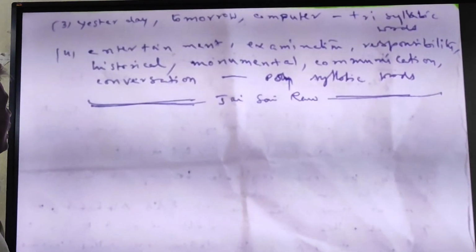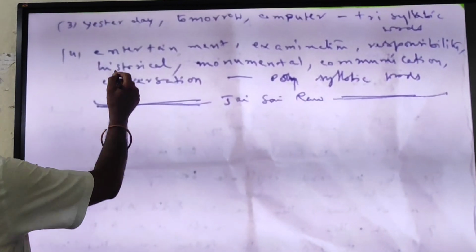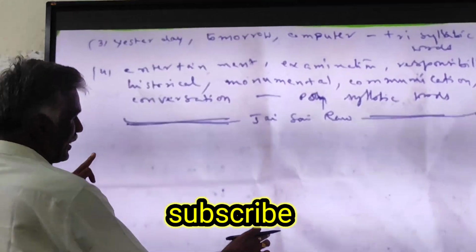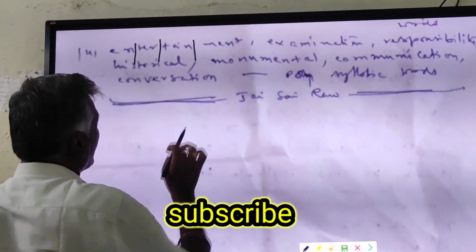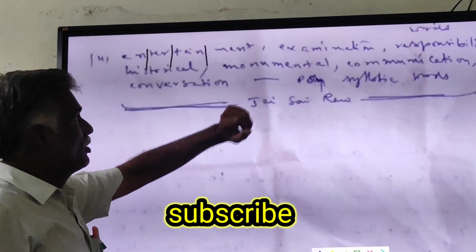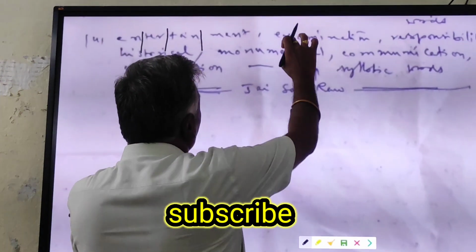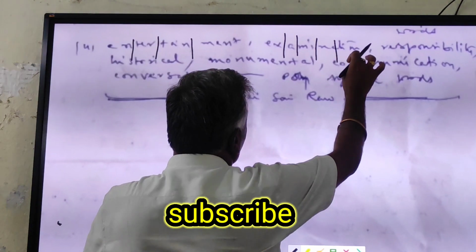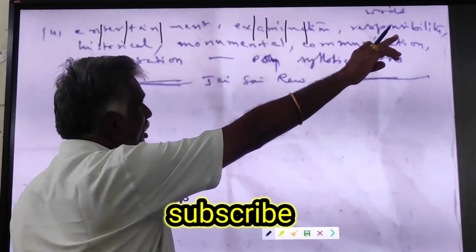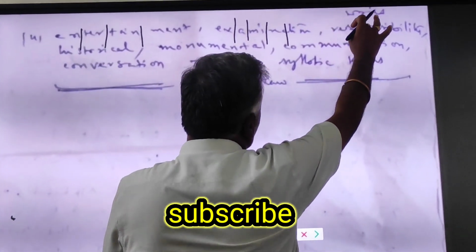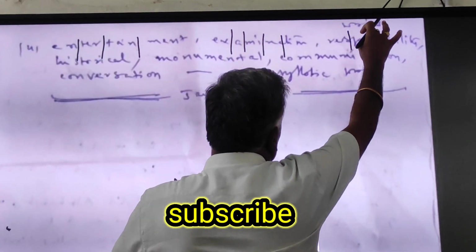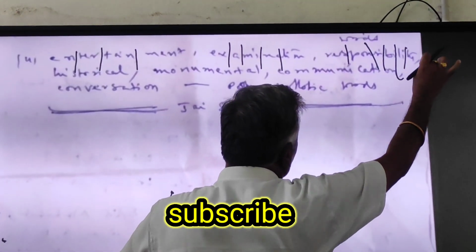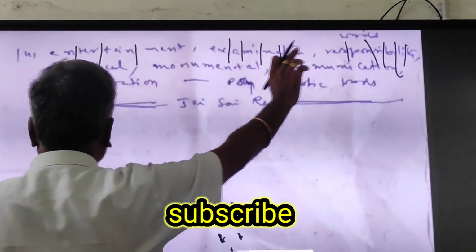For example, entertainment. So this is a polysyllabic word. Like that, examination. This is also a polysyllabic word. Next one is responsibility. This is also a polysyllabic word.